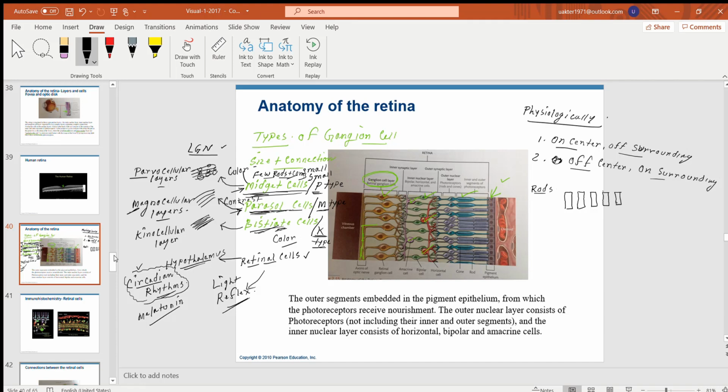Okay, and you already know, we talked about it, the bipolar cells. So these are the bipolar cells. Makes sense? Let's say 5 rods. So these are the rods.